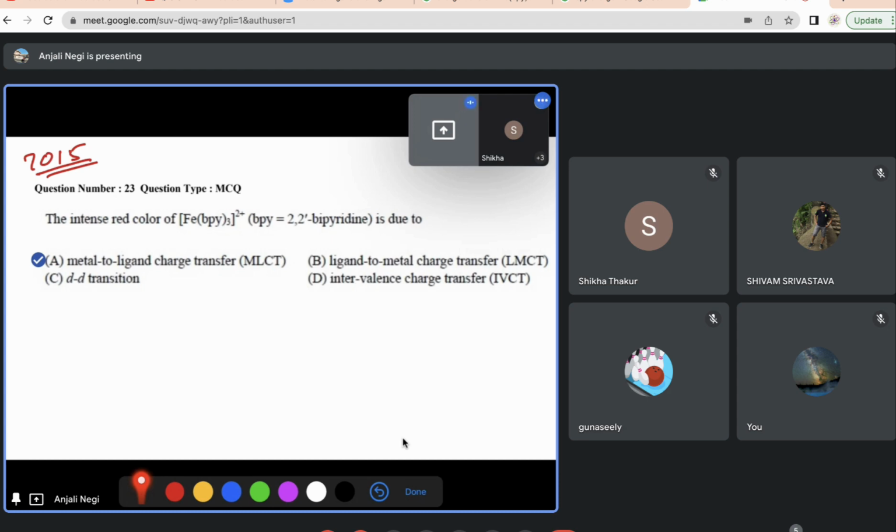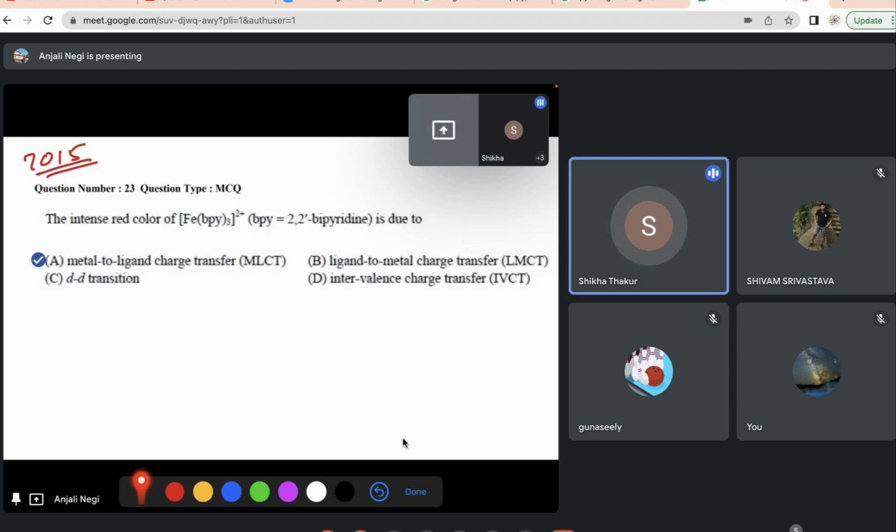These are the things you should know whenever you see a ligand or a metal complex. You should be aware of the properties of the ligand making that complex.